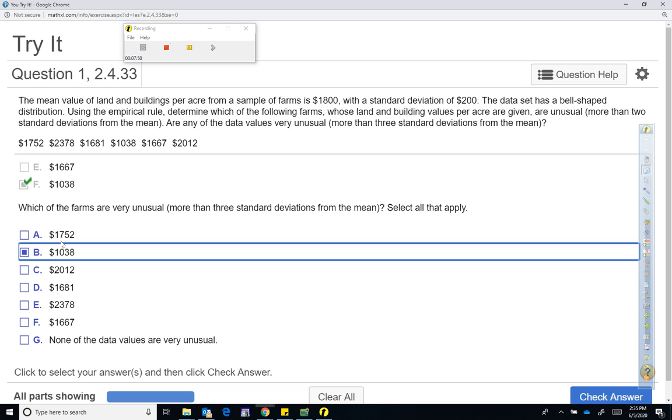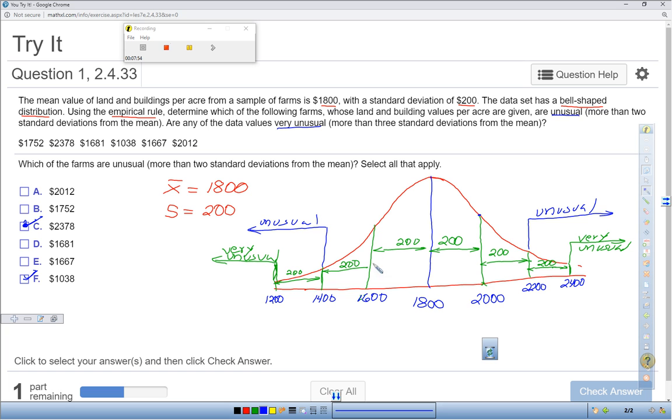It is on the left, in the green region. If you remember, this value falls over here, which is to the left of this green region. They are very unusual when it's 3 standard deviations out from the mean. So that is the only one.